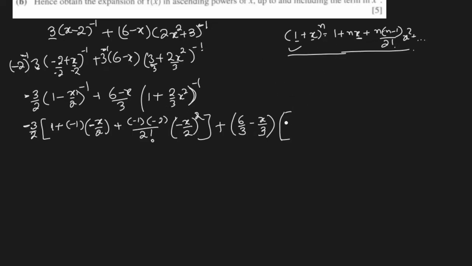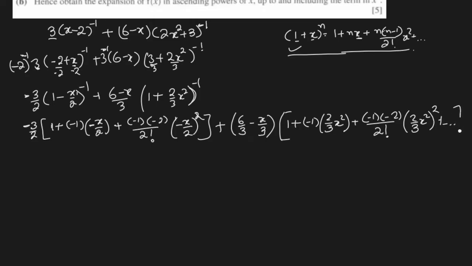So 1 plus nx, n is again minus 1 in this case, x is not x, 2 over 3x square is x, 2 over 3x square. Okay, then we need again minus 1, n minus 1, which is minus 2 again, 2 factorial, and 2 over 3x square.